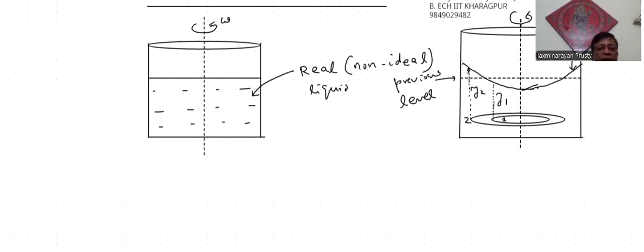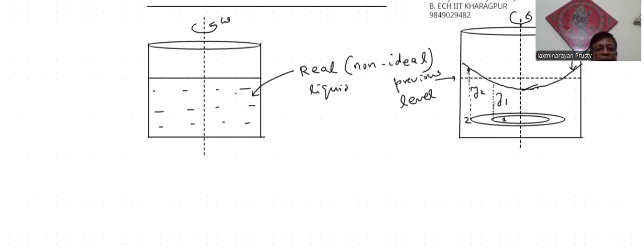As you can see, this is a non-ideal liquid kept in a container which is open to atmosphere, and the container is rotating about its axis of symmetry with a constant angular velocity omega. Omega is the angular velocity of the container.